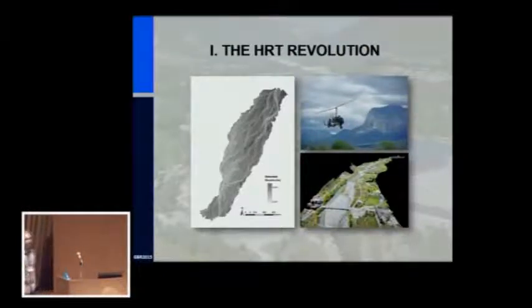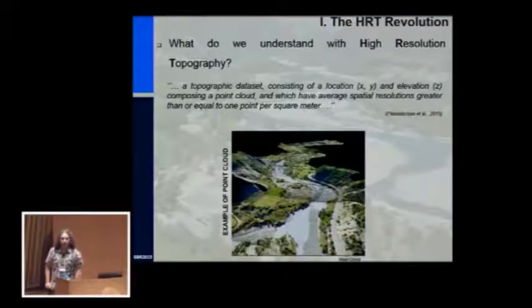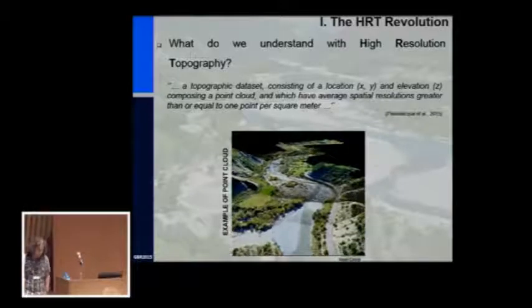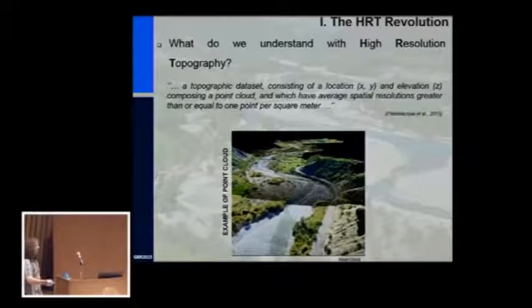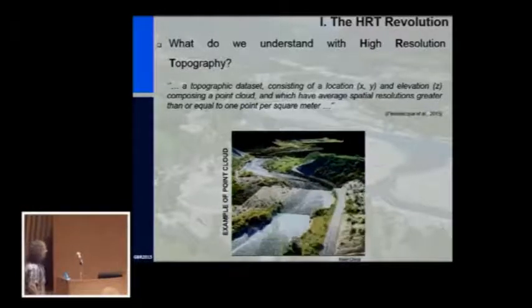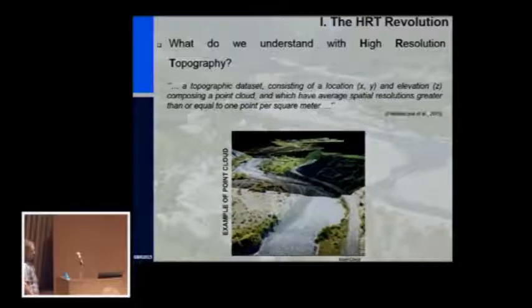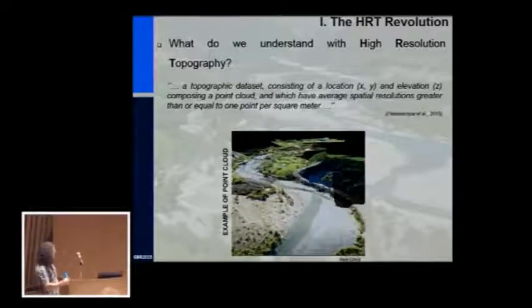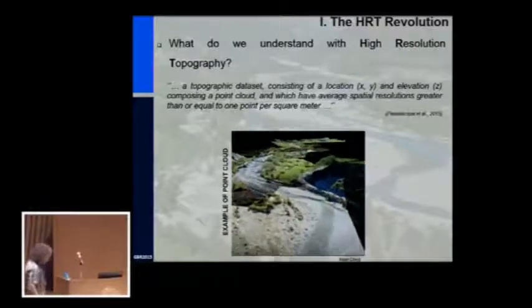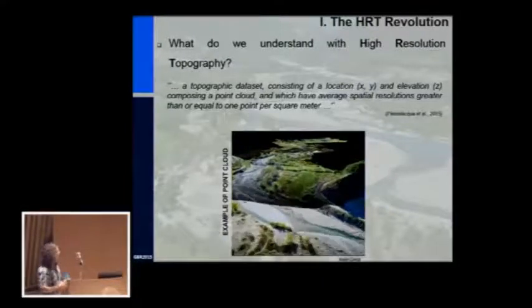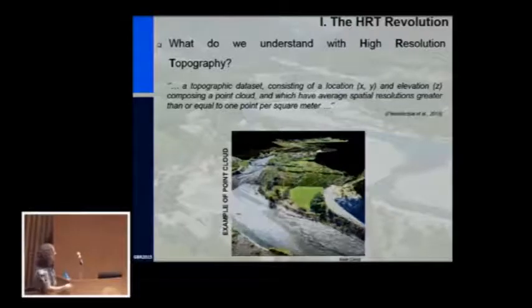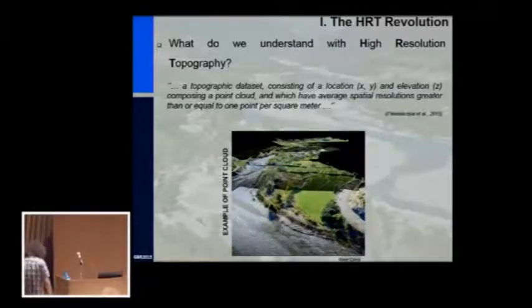Let's talk a little bit about high-resolution topography. We were discussing with Joe a lot if we need to present the definition of high-resolution topography, but at the end we believe that probably it is necessary just very quickly. And we use the definition by Passalacqua and colleagues in 2015, in which they say that we can consider high-resolution topography a data set consisting of different points with a location, x, y, in a Cartesian coordinate system, and each point has an elevation linked to this location.